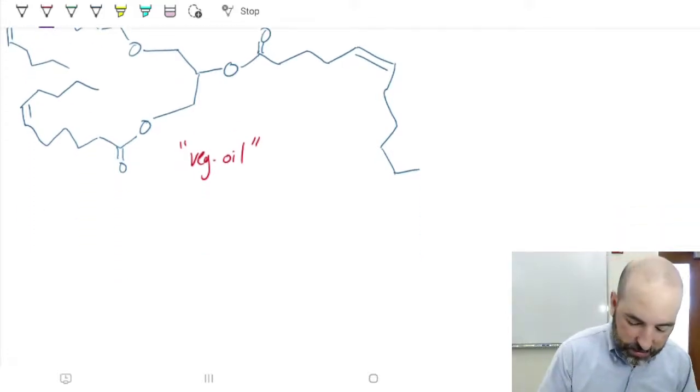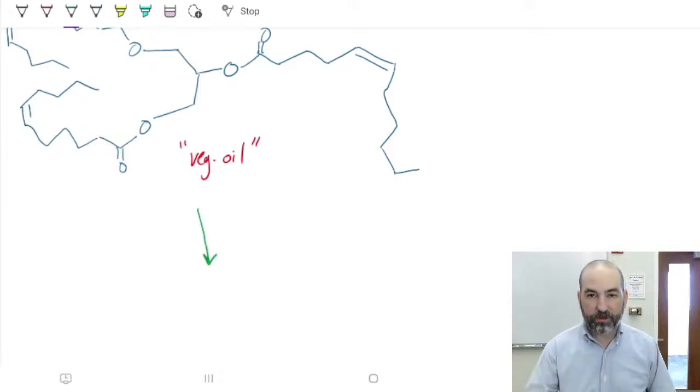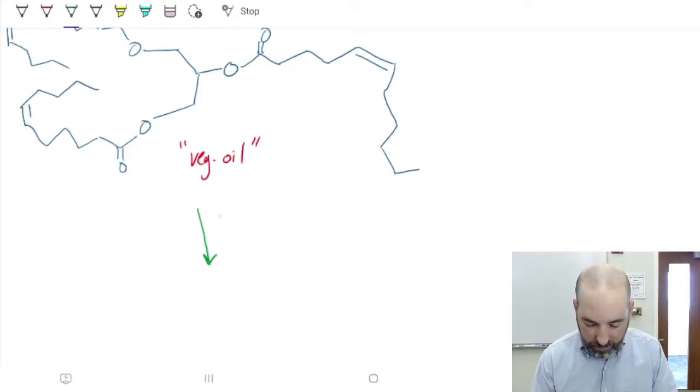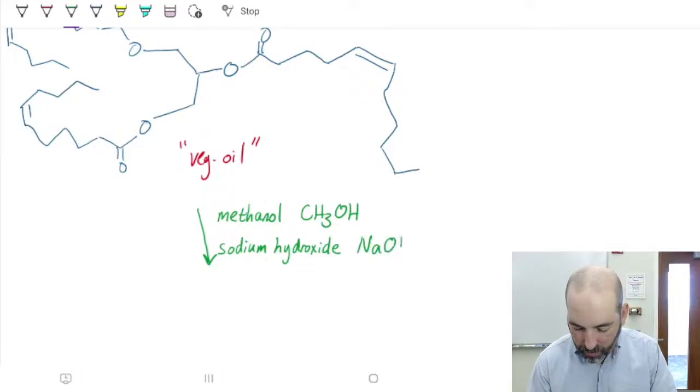All right, so in the course of the synthesis, what we did was we reacted this with two chemicals. Hopefully you remember they were the ones that we talked about have certain hazards that we had to watch out for. They were methanol, which has a chemical formula of CH3OH, and sodium hydroxide, NaOH.